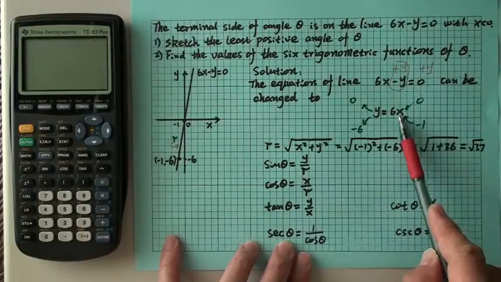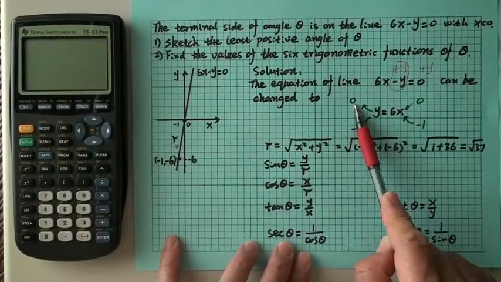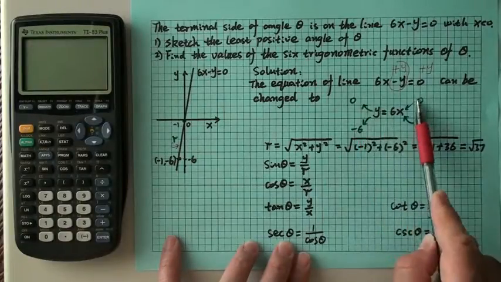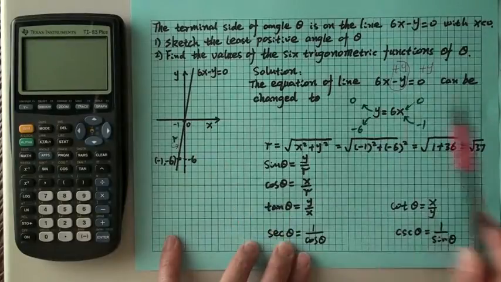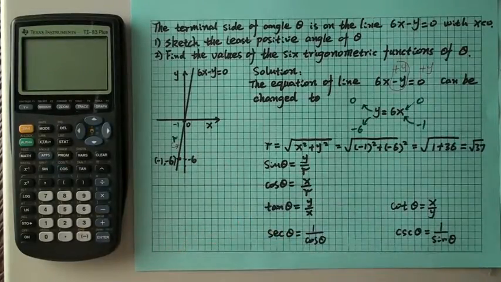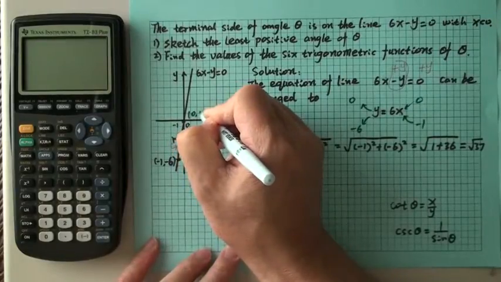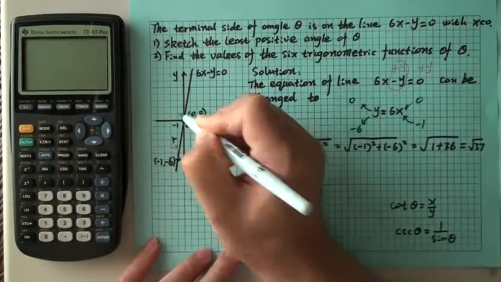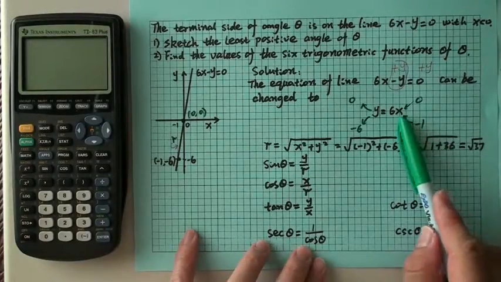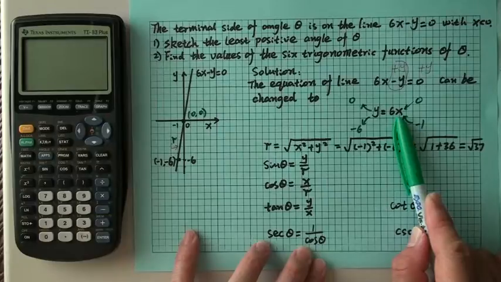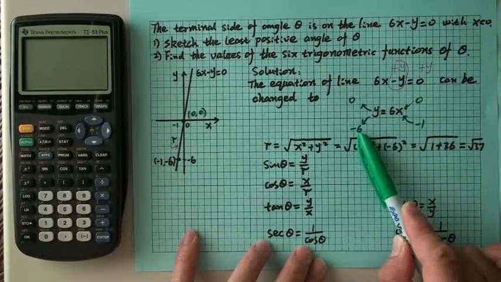So when x is 0, 6 times 0, the output y is 0. So x is 0, y is 0, and this point is the origin, (0, 0). This point is on the line. If x is negative 1, then 6 times negative 1 gives negative 6.